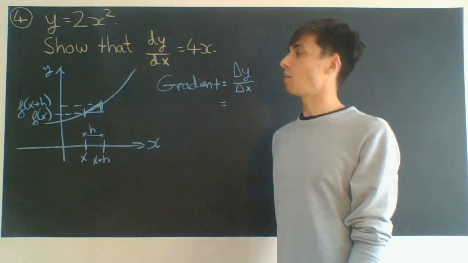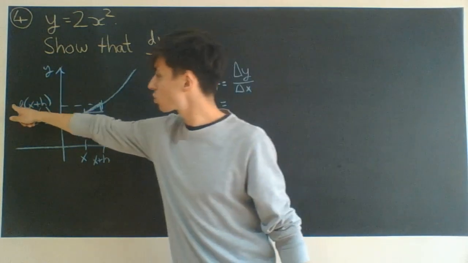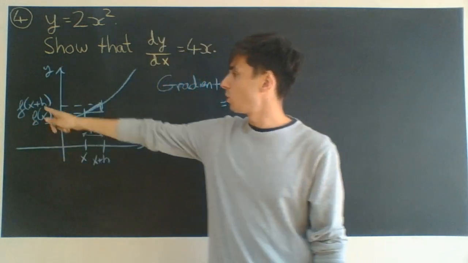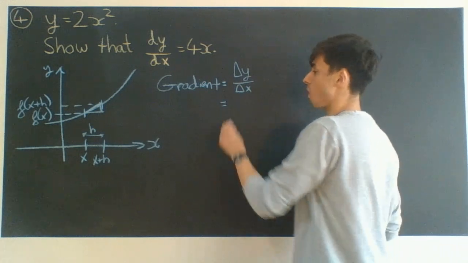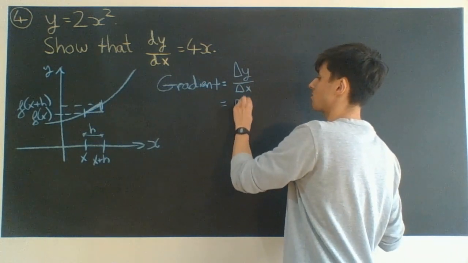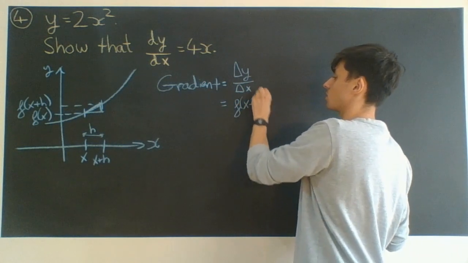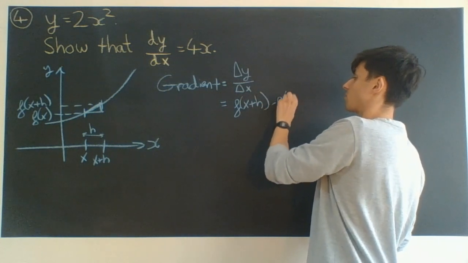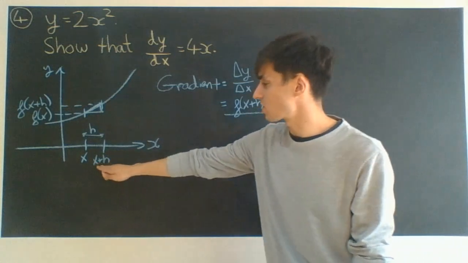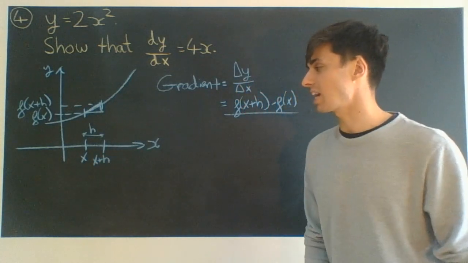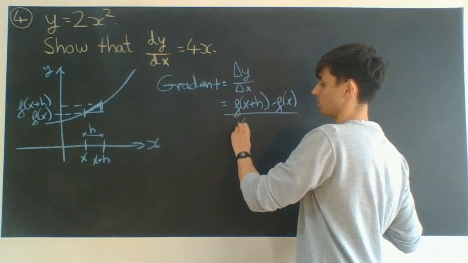And thinking about that, the change in y, look at our two y values. We've got f of x plus h and f of x. So our change in y here is going to be f of x plus h subtract f of x. And our change in x values is simply x plus h subtract x.